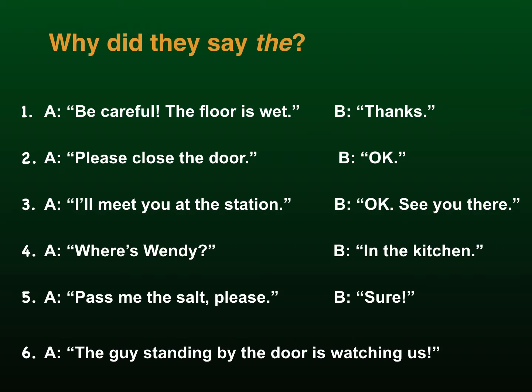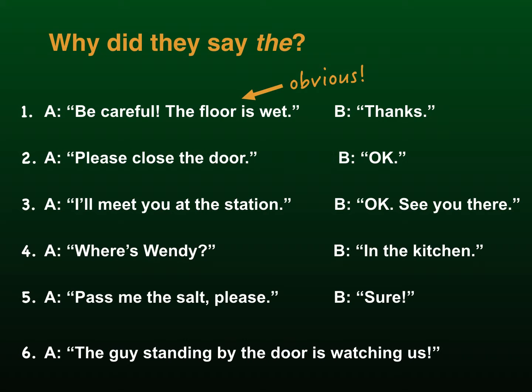In the first conversation, B will not say which floor. The floor that A is talking about is obvious to B. It's definite, and therefore A uses the word the. Number 2, the same. In 3, they will be talking about or referring to the nearest station, or perhaps the station that they always meet at.